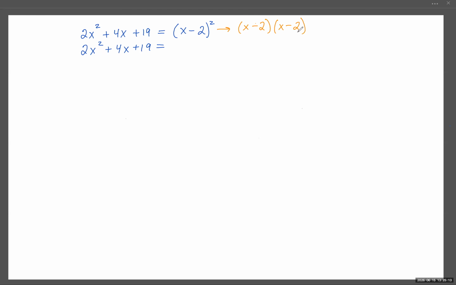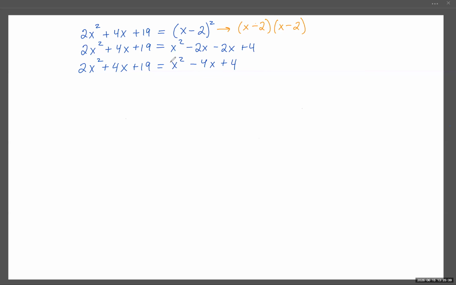Now, we'll go ahead and FOIL this. So this is x squared minus 2x minus another 2x plus 4. I can go ahead and combine like terms before moving everything to one side: x squared minus 4x plus 4.